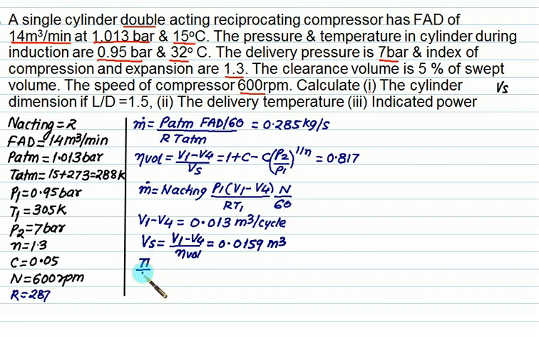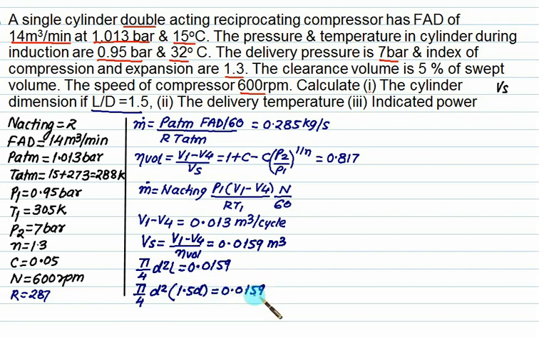Now we know that Vs equals pi by 4 D square multiplied by L equals 0.0159, and if you see the data you will find that L by D is equal to 1.5. So we can replace L in terms of D as 1.5 D. So what we get is pi by 4 D square, with L replaced by 1.5 times diameter, equal to 0.0159.